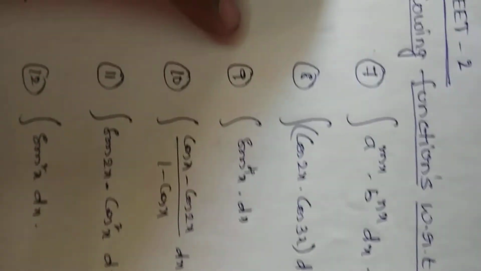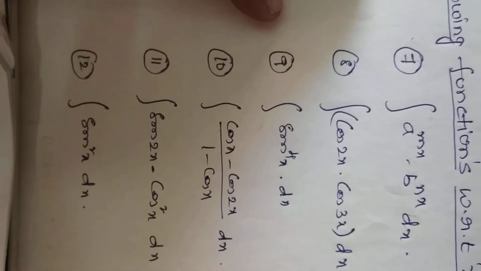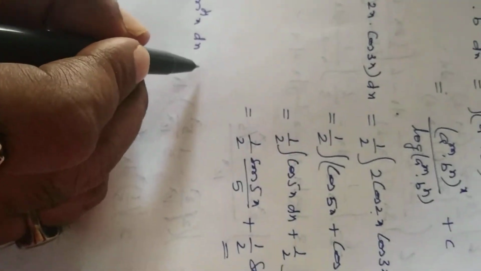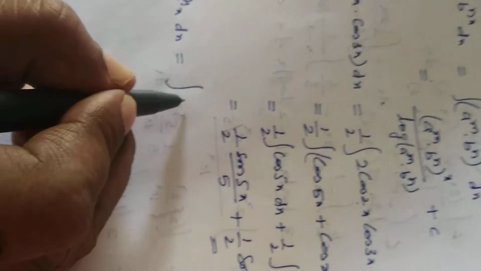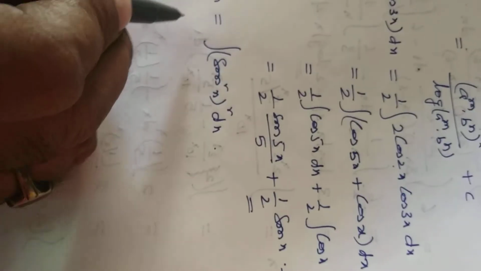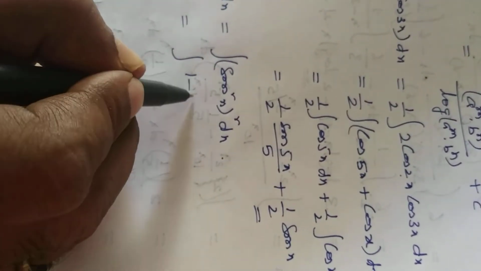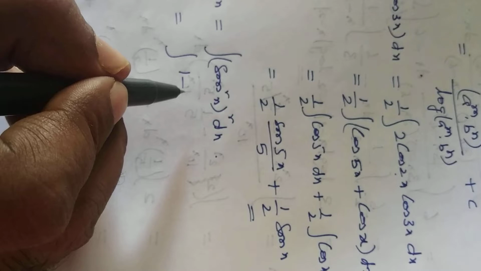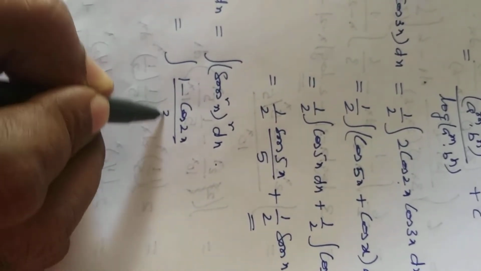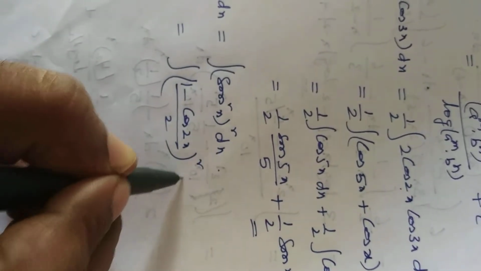Okay, next question number 9, integration of sin power 4x dx. This is equal to the integration of sin square x whole square dx, and we know the formula for sin square x, that is 1 minus cos 2x by 2. So we get 1 minus cos 2x by 2 whole square dx.